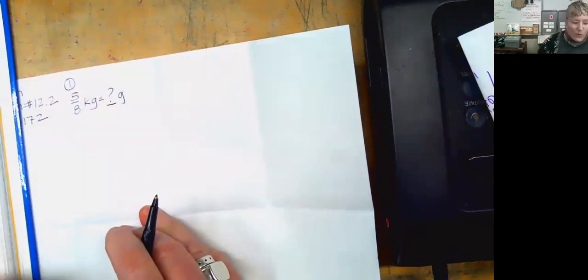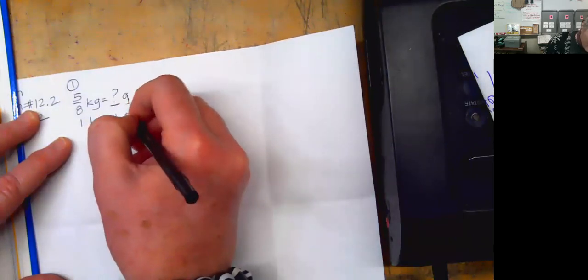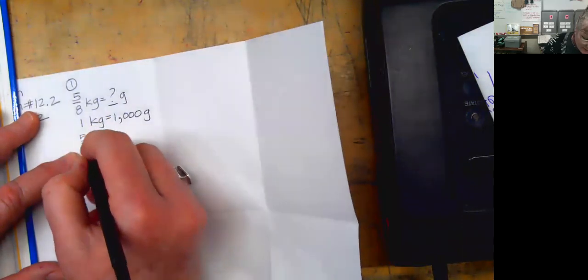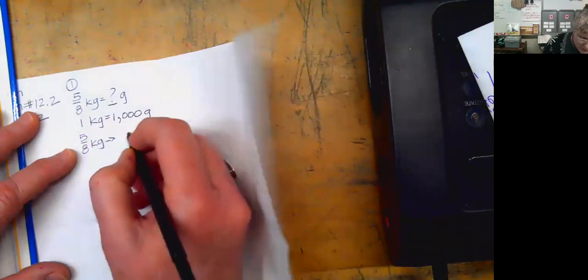So we're going to look on our chart. We know that 1 kilogram equals 1,000 grams, right? Because that's what the blue box tells me. So we're going to take 5/8 of a kilogram, and we're going to multiply 5/8 times, our other green box is going to have 1,000 in it, right?